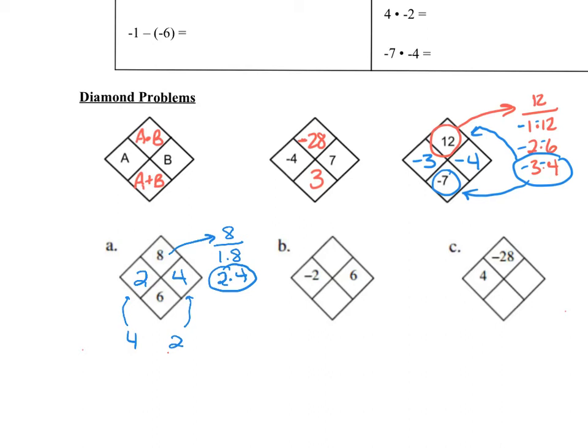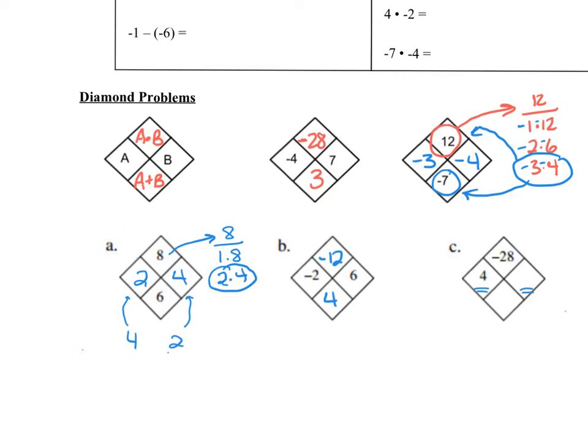Example B, this is one of the easier ones because I have the two numbers. All I have to do is multiply them to make the top and add them to make the bottom. That's pretty straightforward. On C, these aren't too bad. Remember, this number times this number would give me the top, the -28.